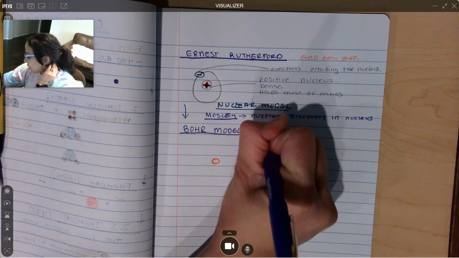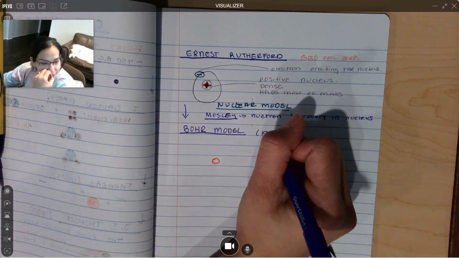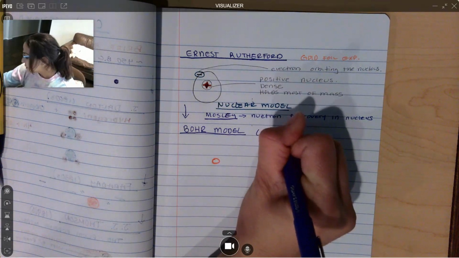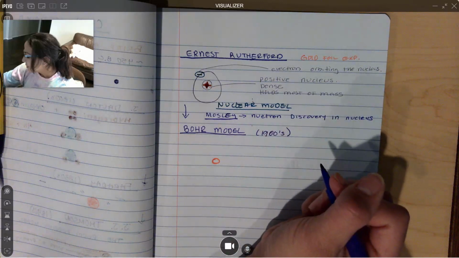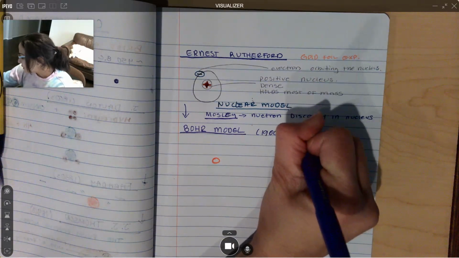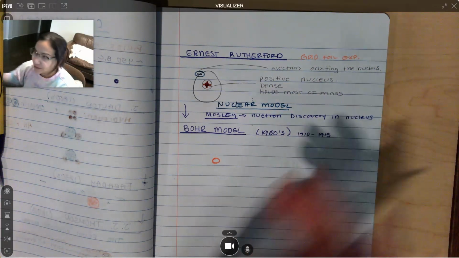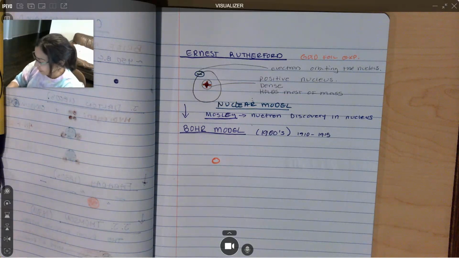This is sometime in the 1900s, probably 1920s, I don't know, early 1900s, okay? That's somewhere between 1910 to 1915, all right? This model came out.